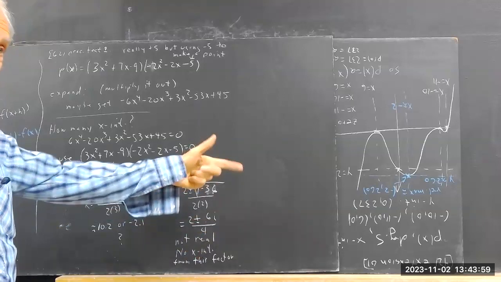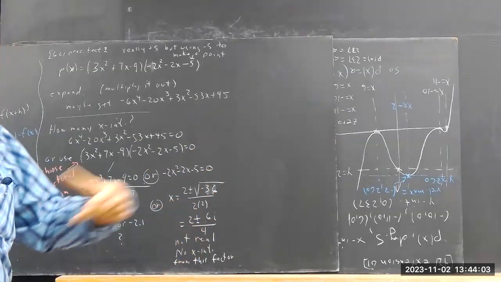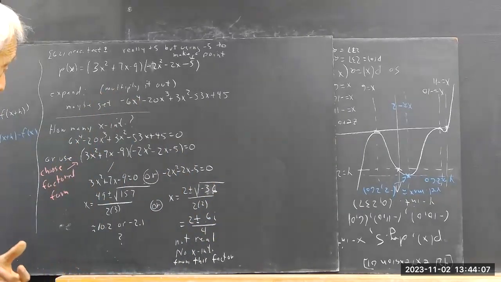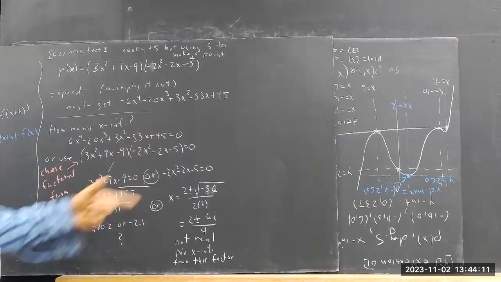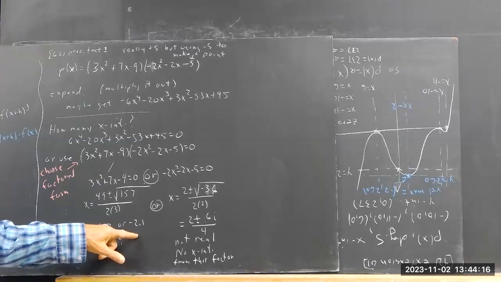You only get complex solutions. There's an imaginary part to the solution, so it's not going to appear as a 0 on the graph. It could affect turning points. Probably does. But we do have 2 real zeros.